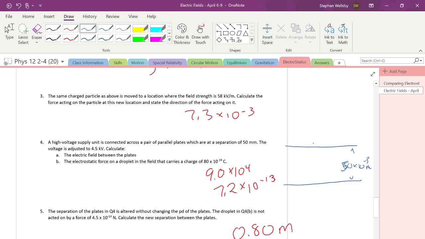So it doesn't matter necessarily what values the plates have. The important point is what the difference is. If we say that this is 4.5 kilovolts, we can say this is 0 volts, or I'm just going to change that to 4,500 volts.